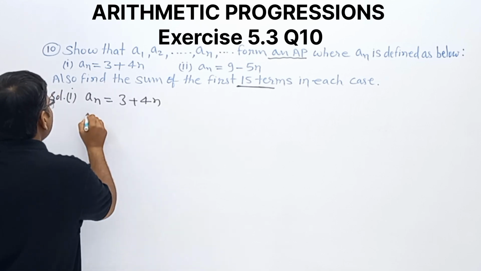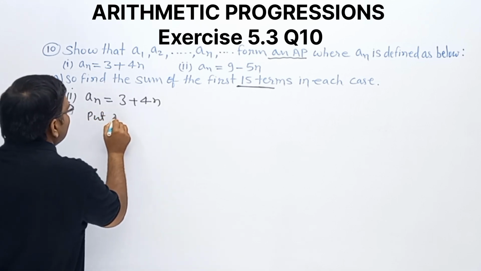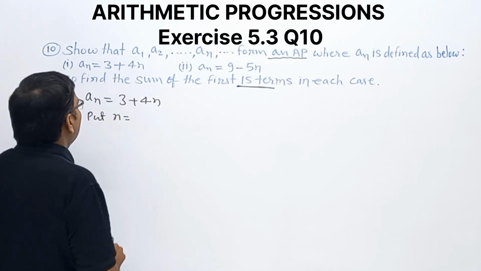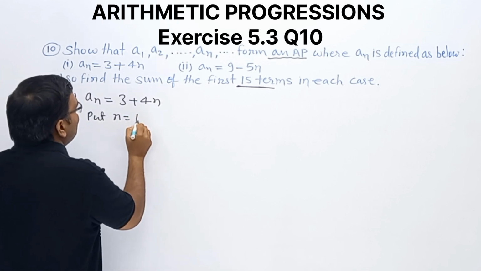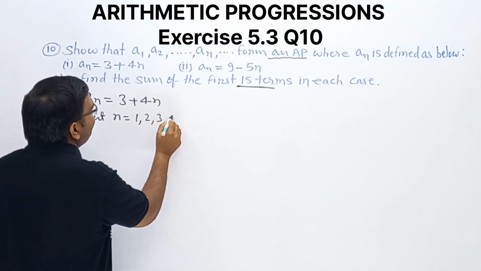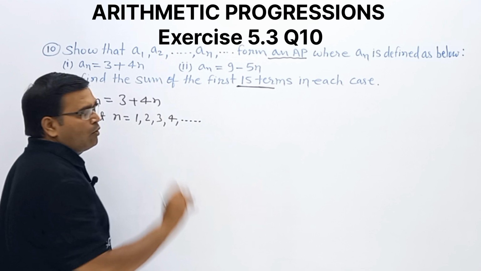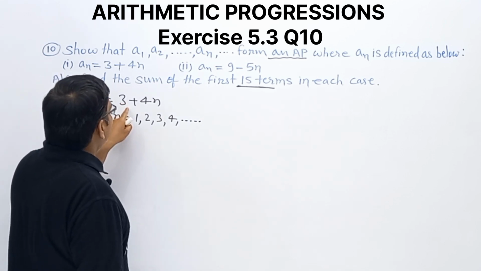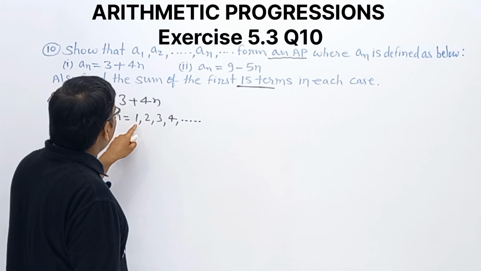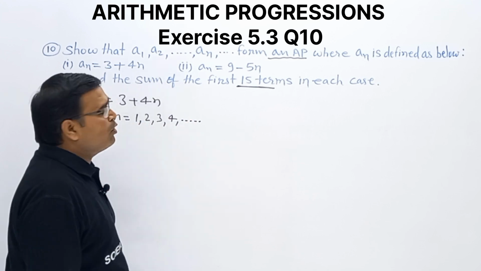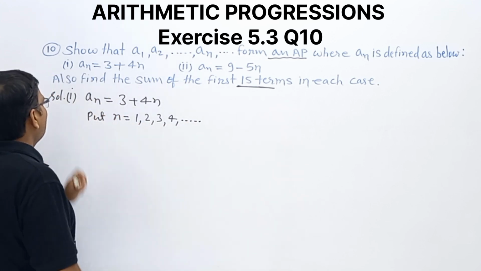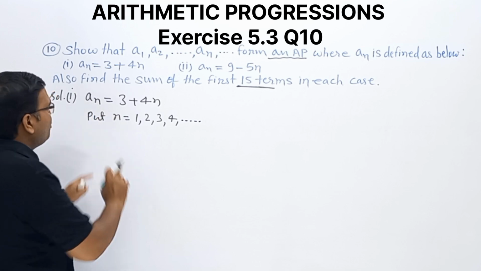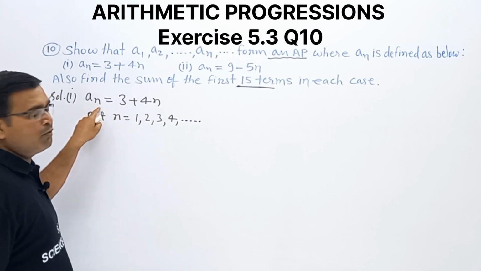So put n equal to 1, 2, 3, 4 and so on. Once we put n equal to 1, then A1: what are we getting?